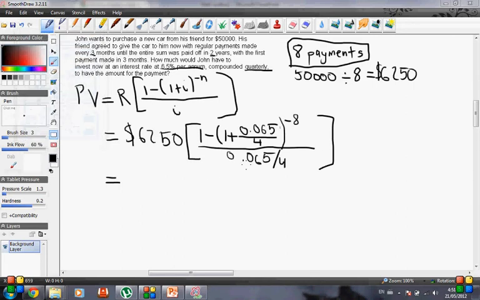I'll just use my calculator out here. So we have 0.065 divided by 4 plus 1. You guys can follow along with your own calculators if you have them too. To the power of negative 8 is equal to 0.879, and subtract that from 1. This gives me 0.120. Divide that number by 0.065 over 4. This gives me 7.44.